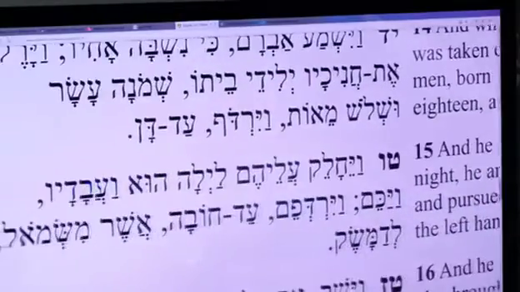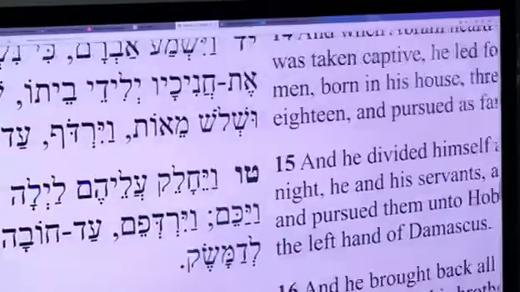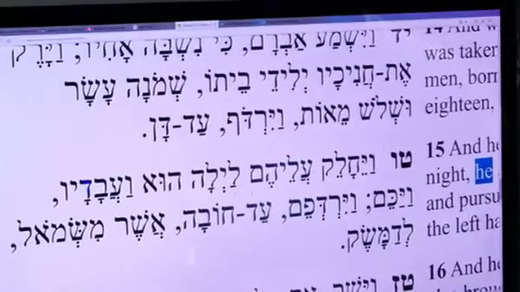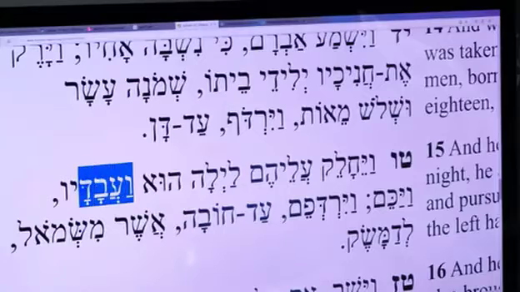Let me see here. So yes, it's translated as he. And it says here, ibad, servant, ya, of, wa, his, or his servant.